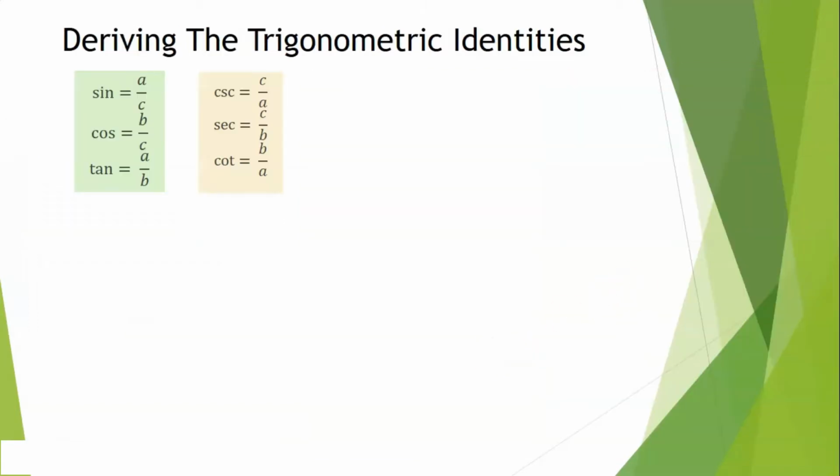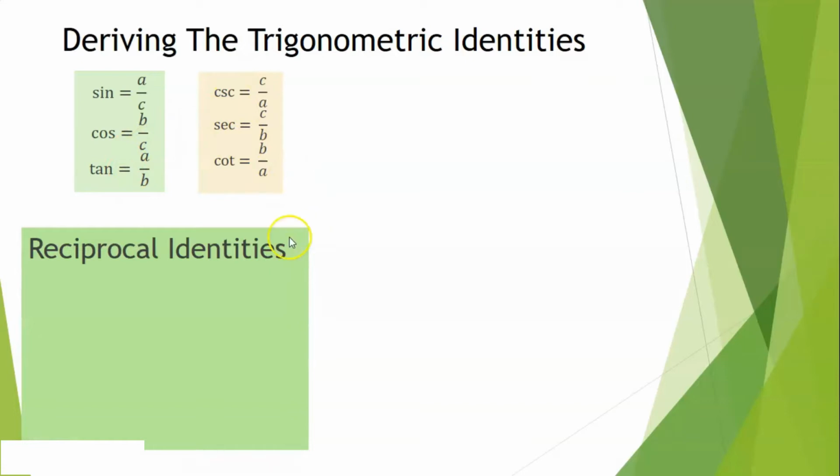Now, considering these trigonometric functions here, we can derive the trigonometric identities. Take note, sine's inverse is cosecant. For cosine, it's secant, and for tangent, it's cotangent. With that, we can identify our reciprocal identities, in which sine theta is just the same as 1 over cosecant theta.